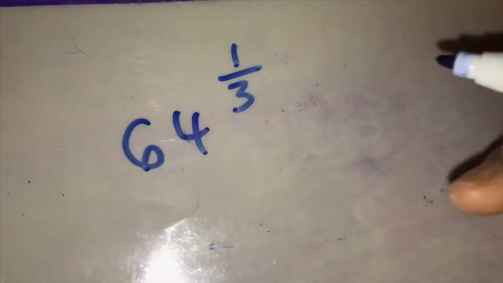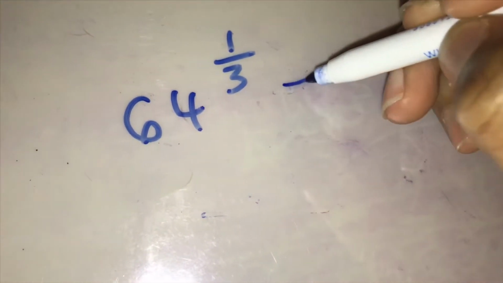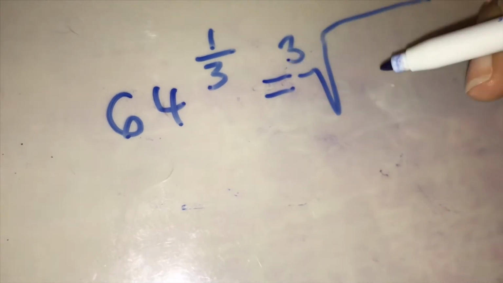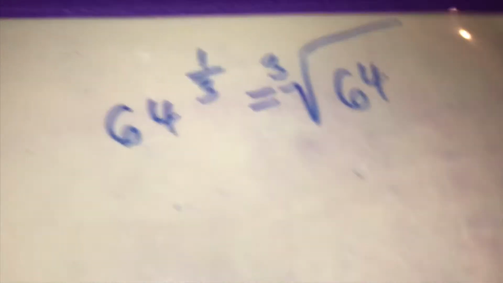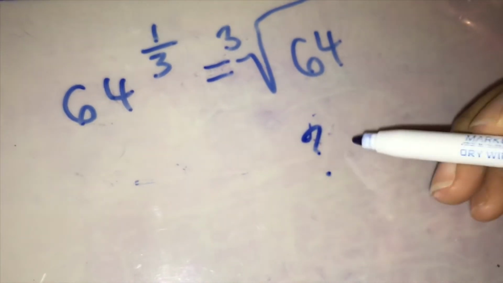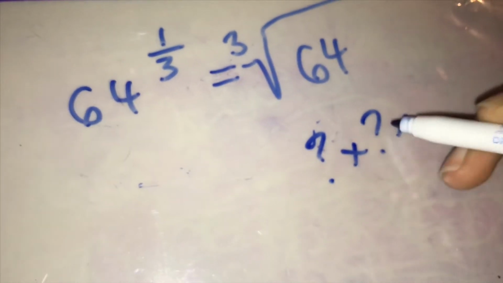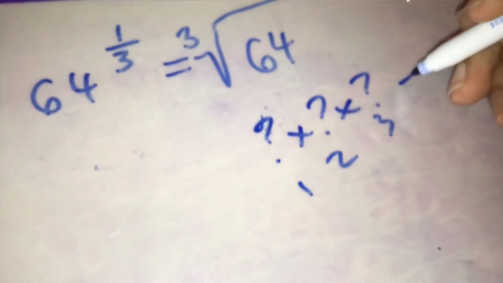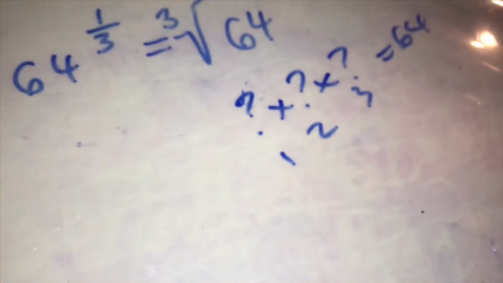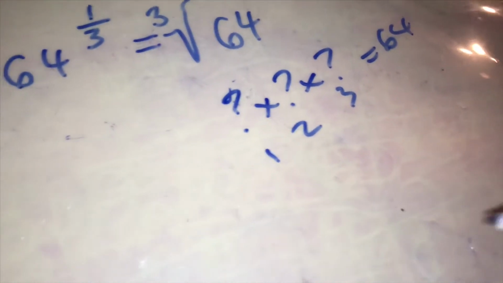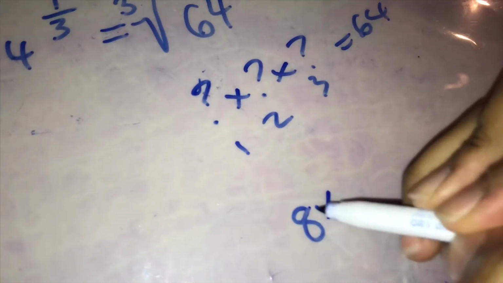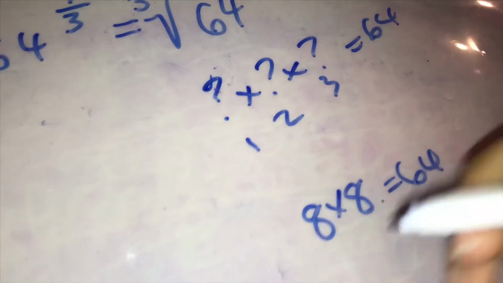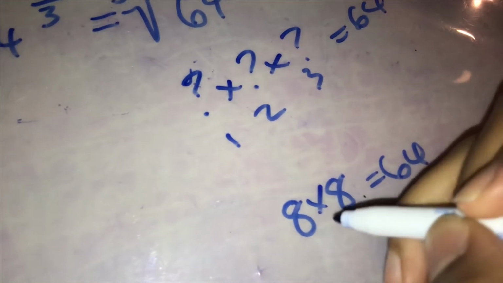Okay, another example. So we've got 64 to the 1/3 power. So we're going to do the cube root of 64. Something times something times something equals 64. I know that 8 times 8 equals 64, but that's only 2 numbers, so I want to try and halve 8.